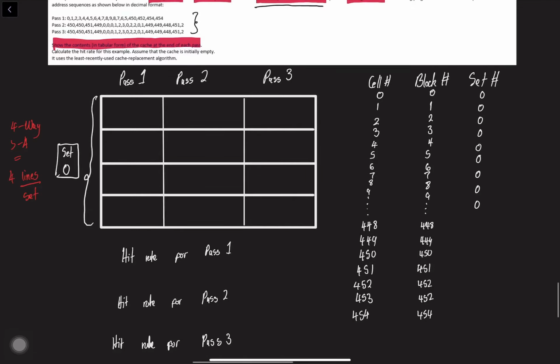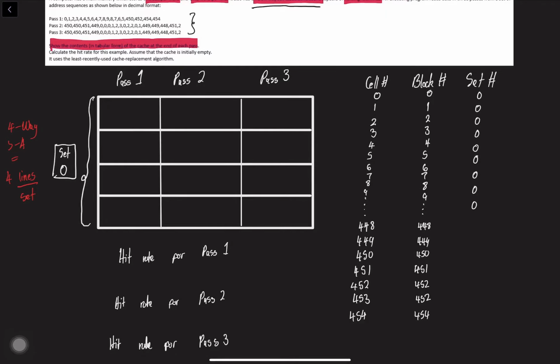Awesome. The next step would be to start filling in the content. So we start first with the first pass, and we start with this one, 0. To begin with, we have an empty cache, right? 0 will go, and just to make this simple, we'll begin with the first line of the cache, which is this one over here.